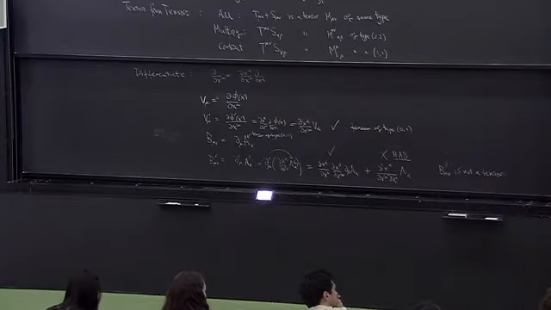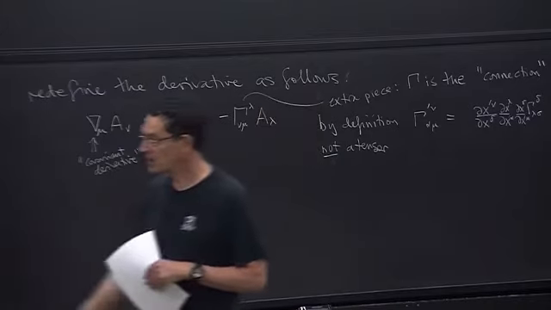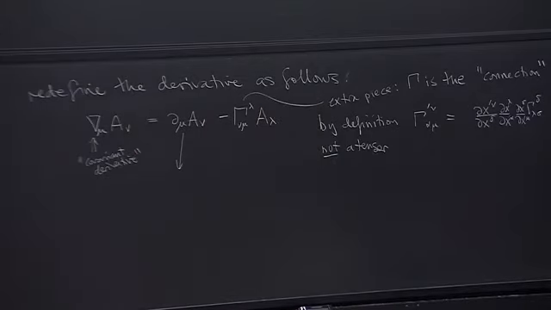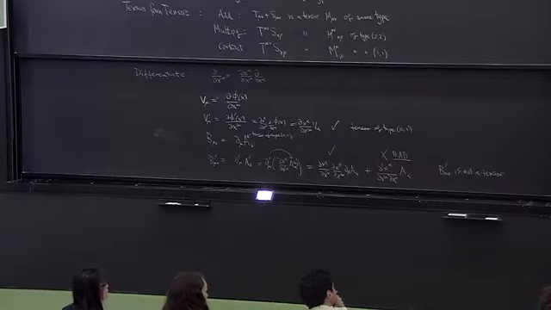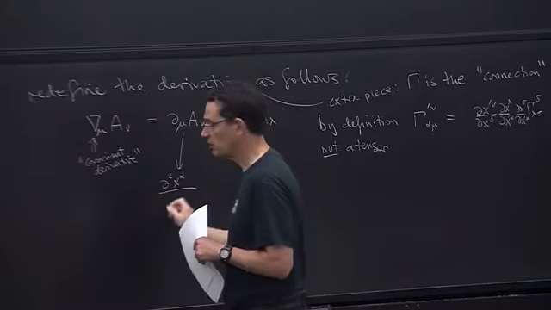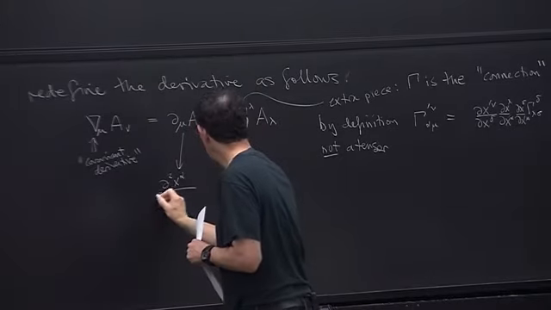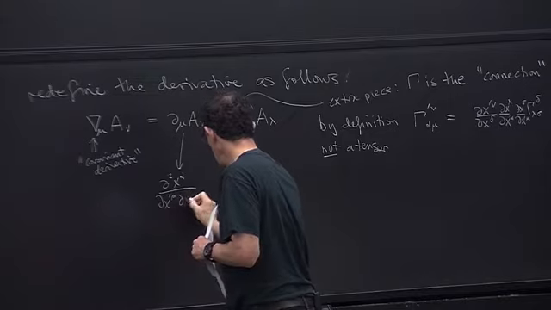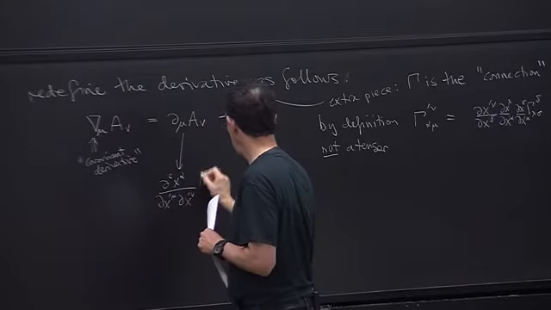Let's just check that. We've already transformed this term, and basically this term gave us a tensor plus an extra bad piece. So this term gives us d2x alpha over dx prime mu dx prime nu, A alpha.